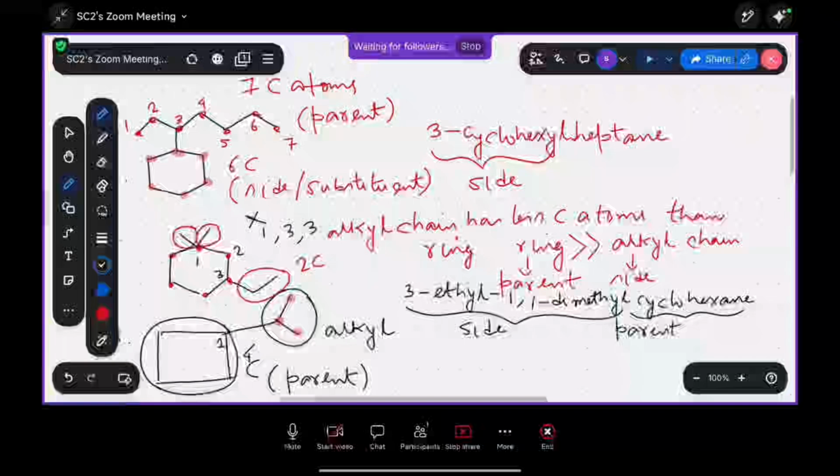At the one position, obviously the side chain is alkyl chain or side chain is there. Now again the side chain is complex. যেরকম তোমরা আগের ভিডিওতে দেখেছো, please watch the previous video so that you can understand how to write the IUPAC of alkanes having complex side chains.